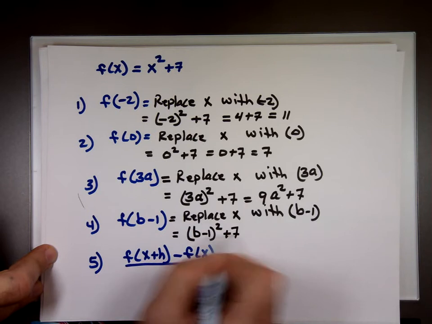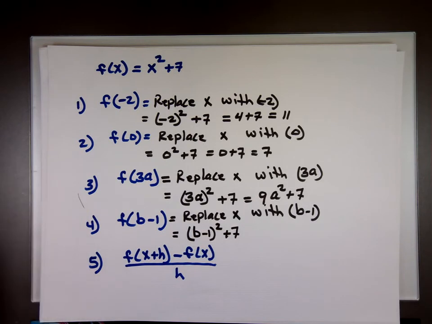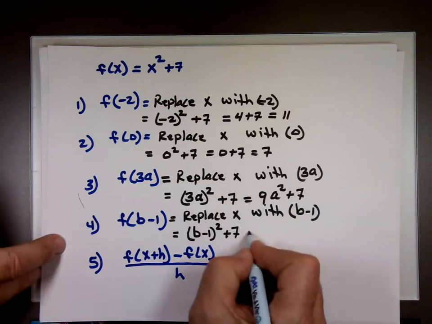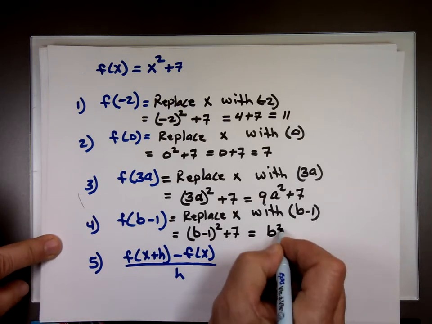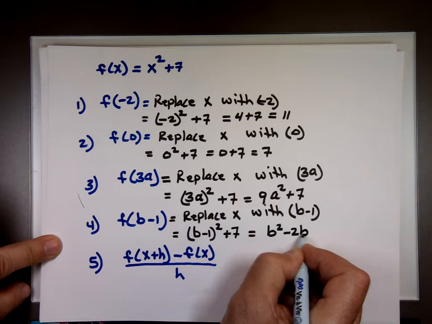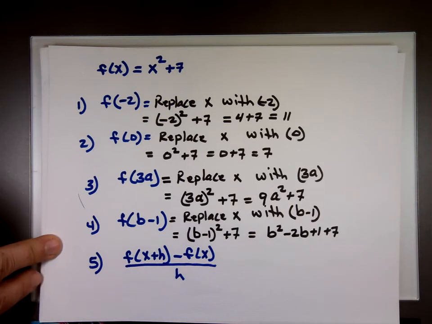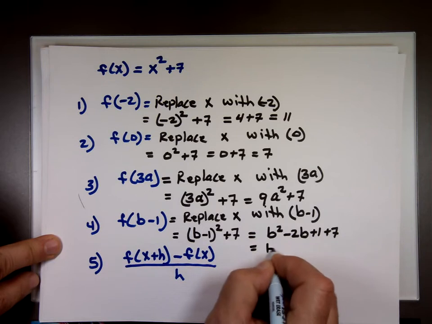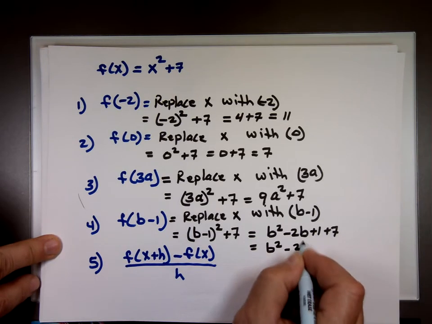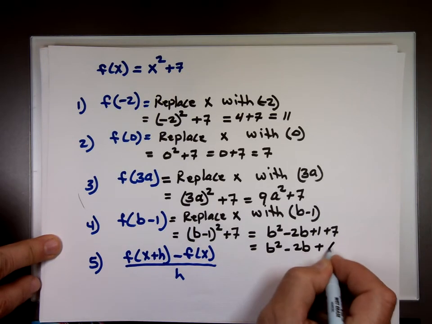Now b minus 1 squared, you got to use what method? The FOIL method. And that will be b squared minus 2b plus 1 plus the 7. Can we simplify it? B squared minus 2b plus 8.